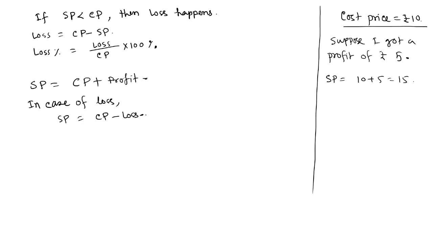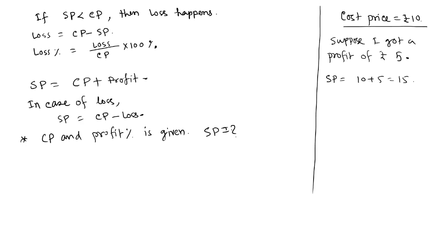Here the profit percent I am not taking into consideration, I am taking the whole profit. Now, suppose the situation is, let us say CP and profit percent is given. Then I have to get the amount of SP. So, what is the SP?